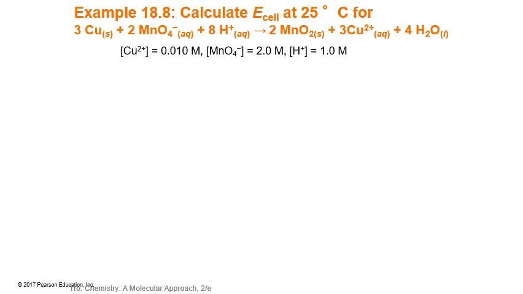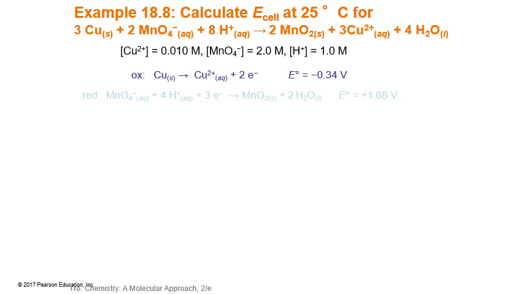We've got the concentration of our copper 2+, our permanganate concentration, and the concentration of our acid. So our copper to our copper 2+ is the oxidation. The reduction is our permanganate to manganese dioxide.